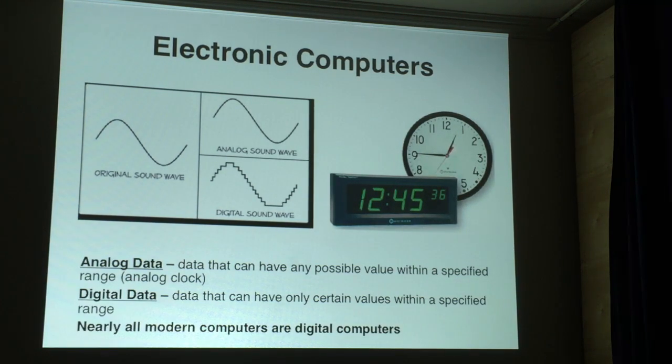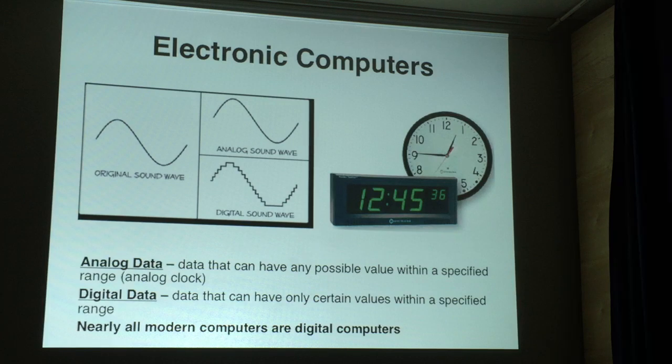Now, because of the electronics involved and because of the way the computers speak to each other and do their computations, the data that's inputted into a computer is digital data. It has to have a certain value, and I'll show you how that works.